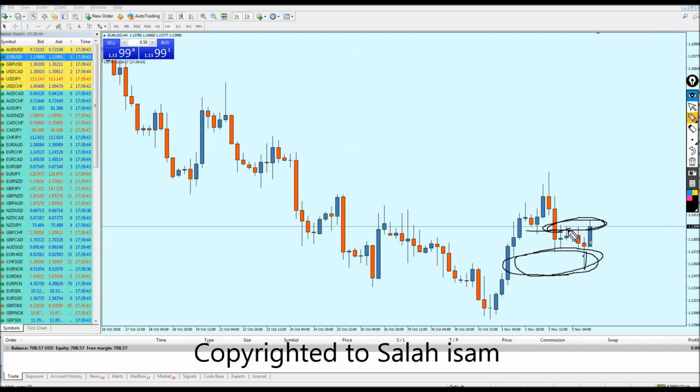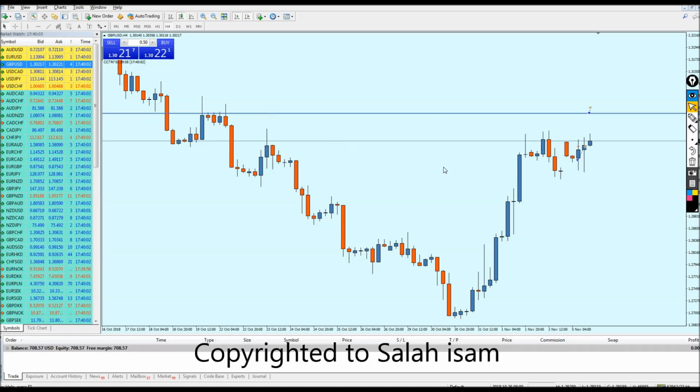But how many attempts do we have on this resistance? We have 1, 2, 3, 4. 4 attempts of this resistance. So it's not ideal at all to sell at this point. Again, we are looking only for first or second attempts of the resistance or support.